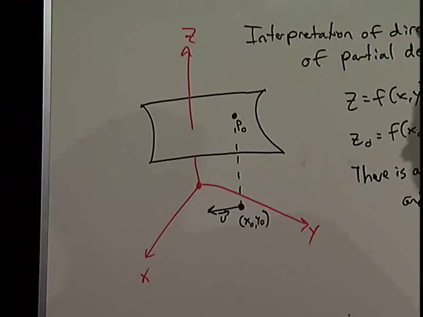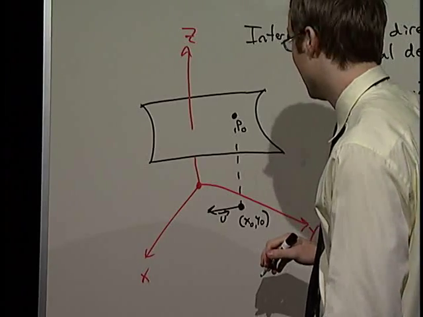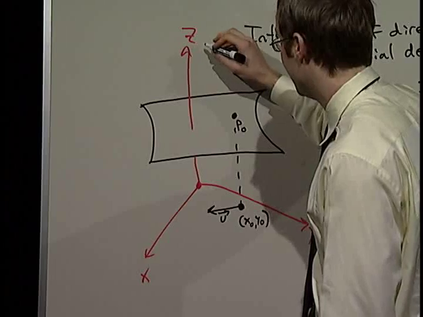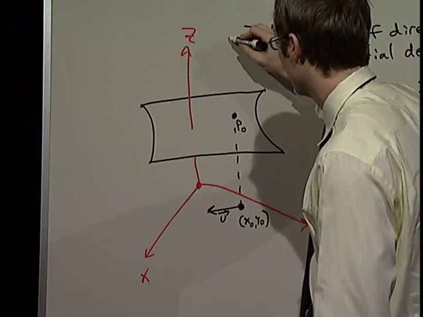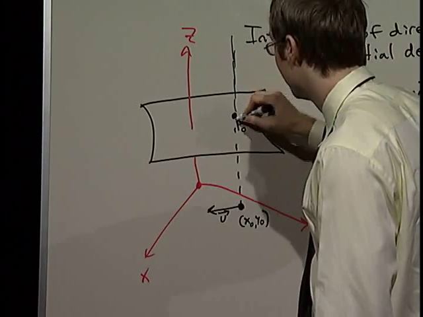Well, there's a vertical plane that's going to cut through that surface, right? And it'll be parallel to the z-axis. So let's see here. Can I make this look reasonably good? Something like that.